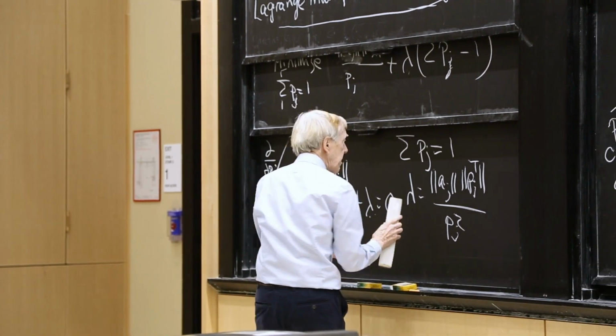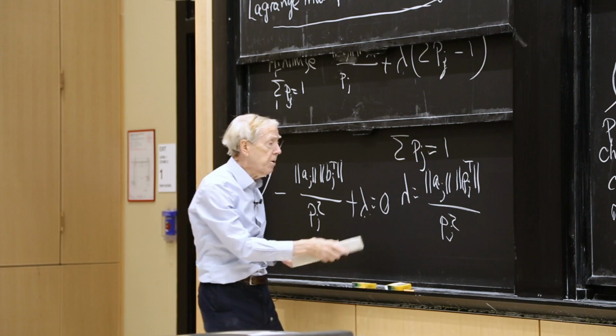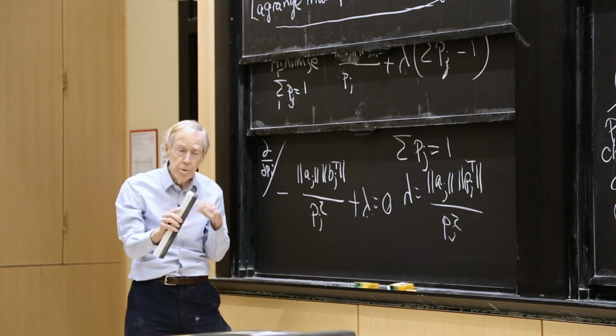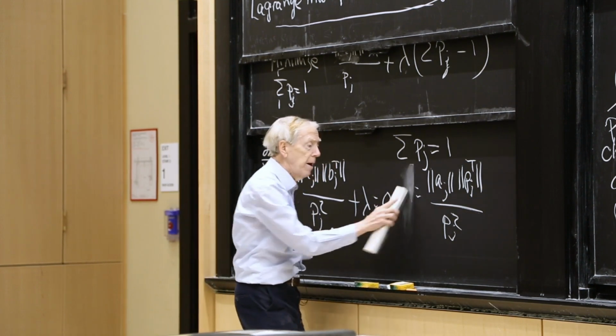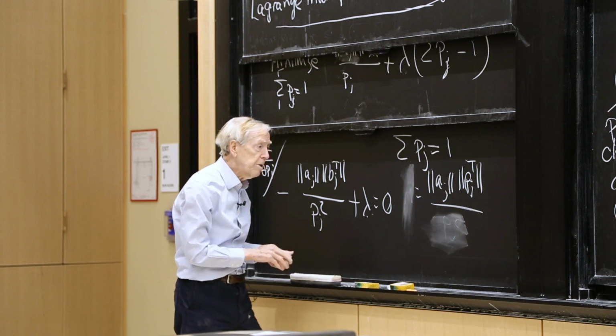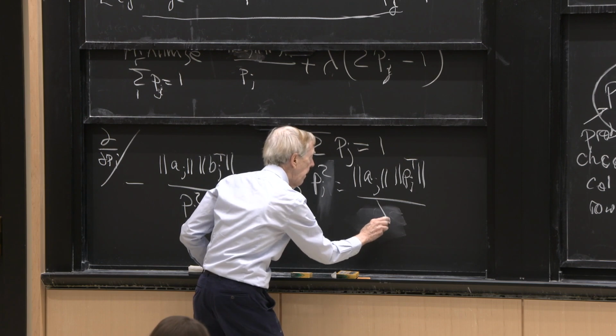I'm hoping that after the pretty confusing steps that we took, this is a separate little bit of math using the Lagrange multiplier idea, and I hope your thought will be, boy, that was pretty simple. So I'm going to put the pj squareds here and the lambda there.